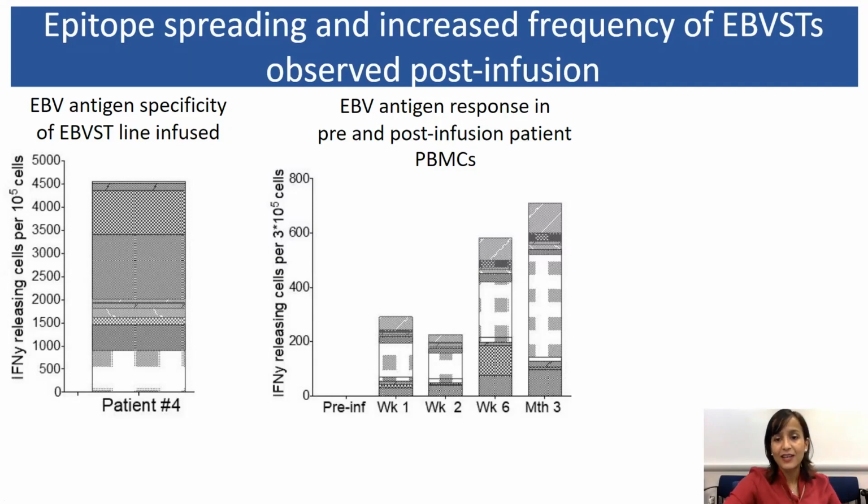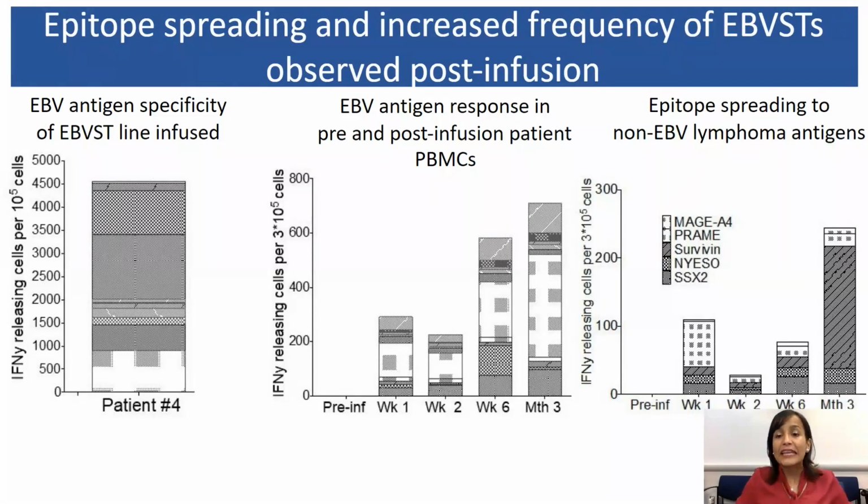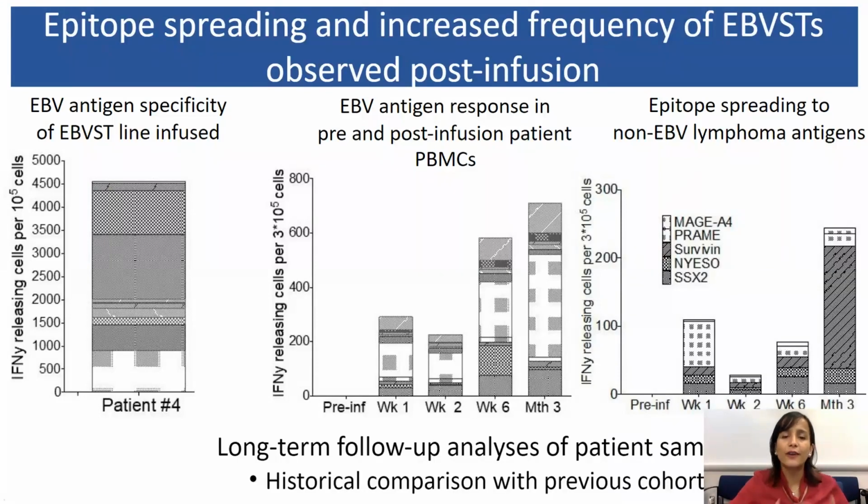And in addition to that, we also see an increase in the frequency of T cells specific to non-EBV lymphoma antigens, thus demonstrating epitope spreading, which has been correlated with success of T cell immunotherapy. And we observe this in our patient lines that we have infused. However, how our cells are going to behave and how they are going to respond is really going to depend on doing further long-term follow-up analysis and historical comparisons with previous cohorts.